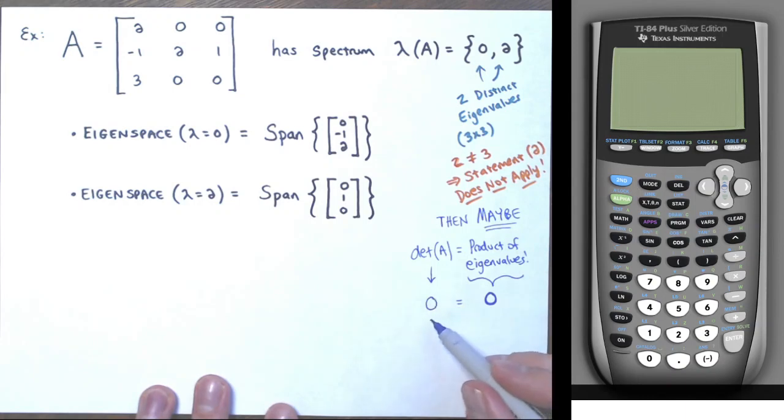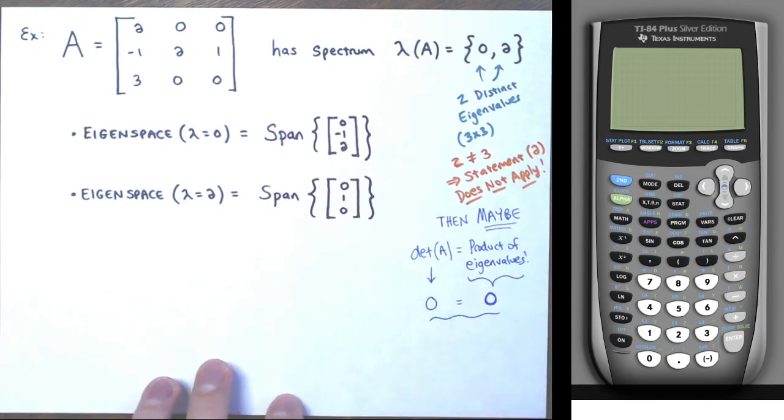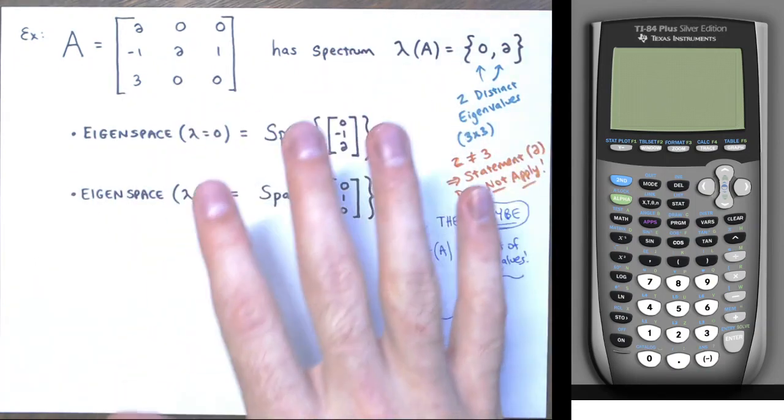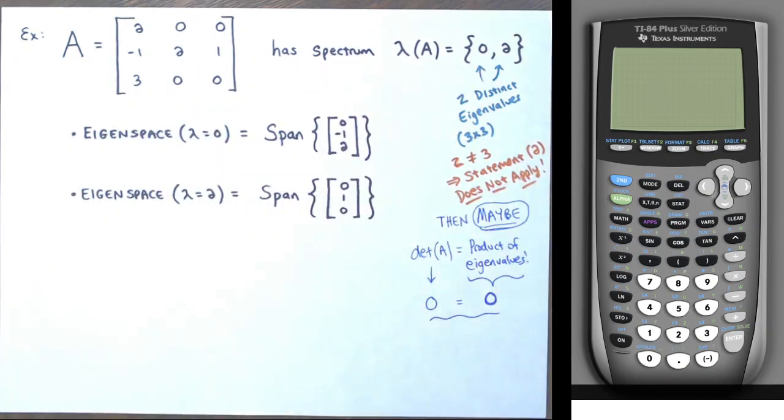So they are the same, but again, that's not always happening. I said it might happen. Here it happened to work out. For this particular example, the determinant of my matrix was equal to the product of the eigenvalues.